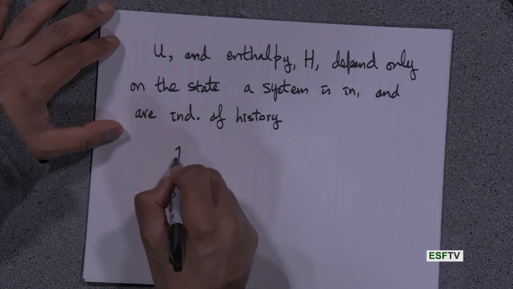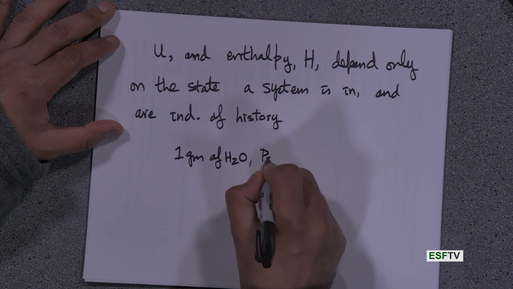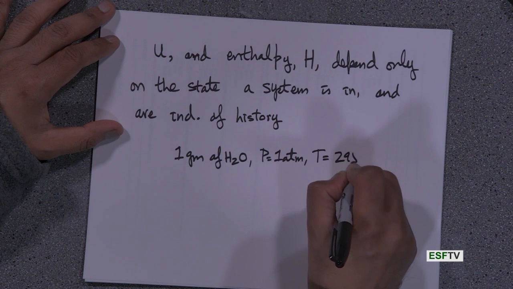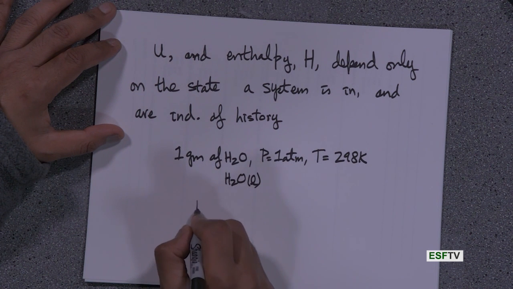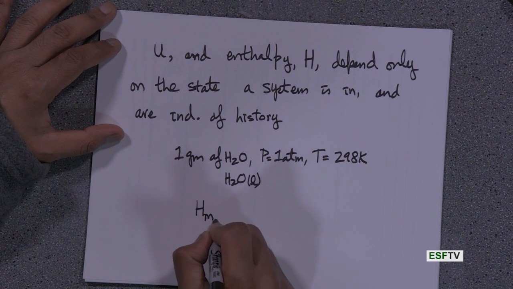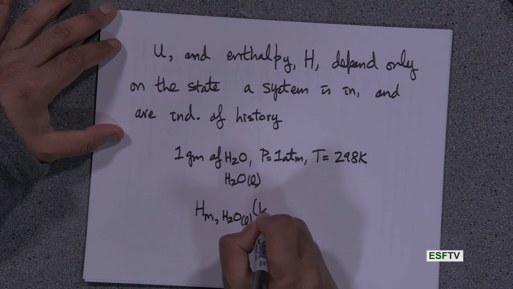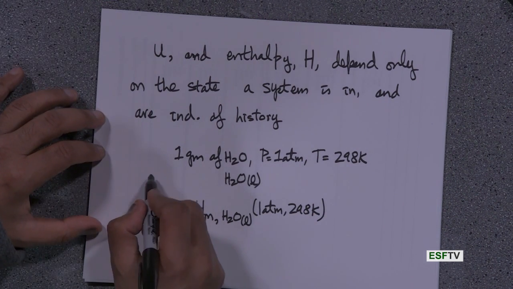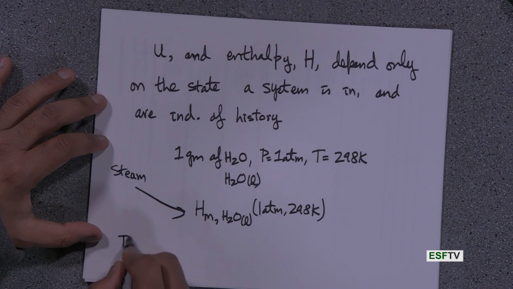So, if you take, for example, 1 gram of H2O at a pressure of 1 atmosphere and a temperature of, let's say, 298 Kelvin, and I should say liquid water, then the enthalpy per mole, H subscript m, H2O liquid, at 1 atmosphere pressure, 298 Kelvin, doesn't care whether we got to this water by condensing steam or by melting ice.